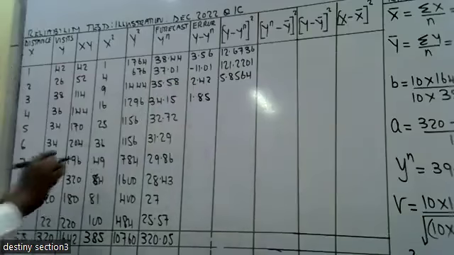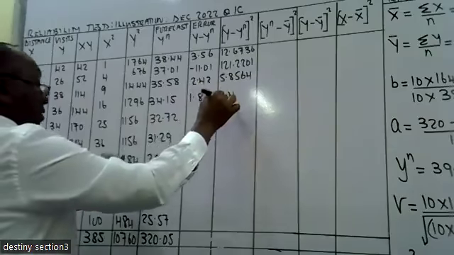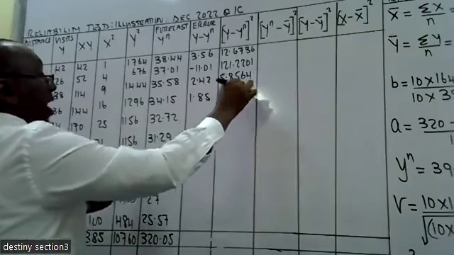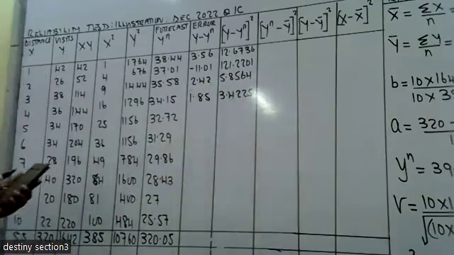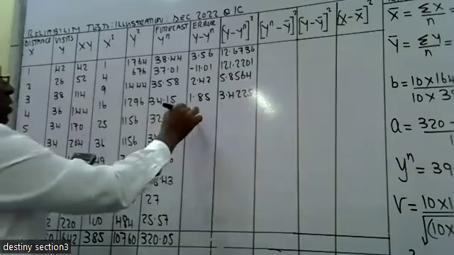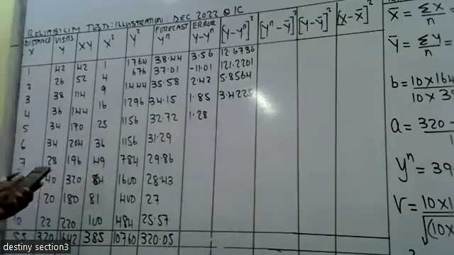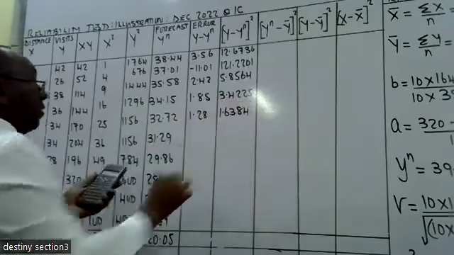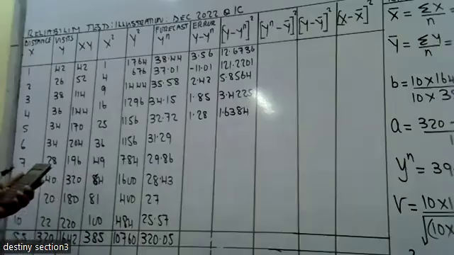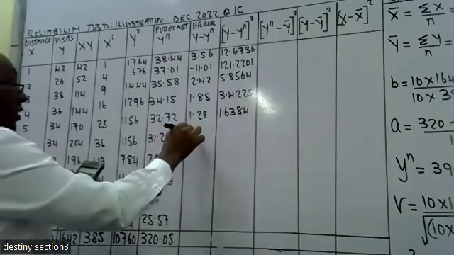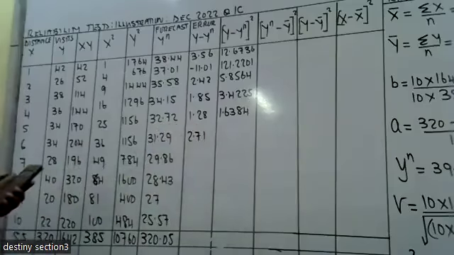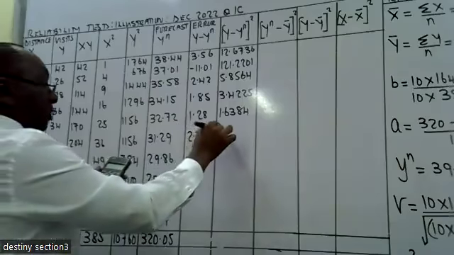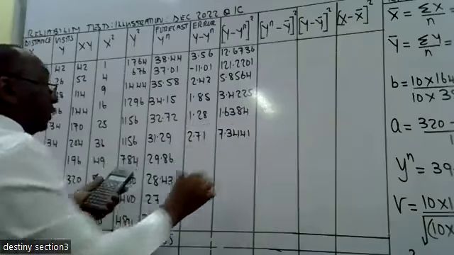Square that value, you get 3.4225. 34 minus 32.72 is 1.28. Square that value, you get 1.6384. 34 minus 31.29 is 2.71. Square that value, you get 7.3441.